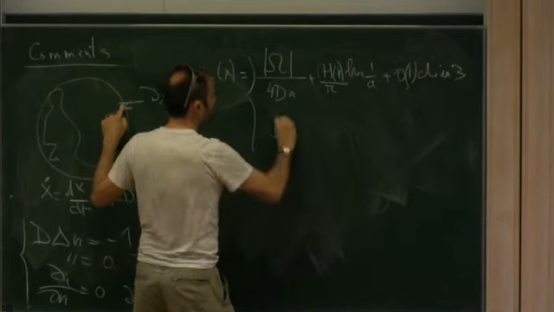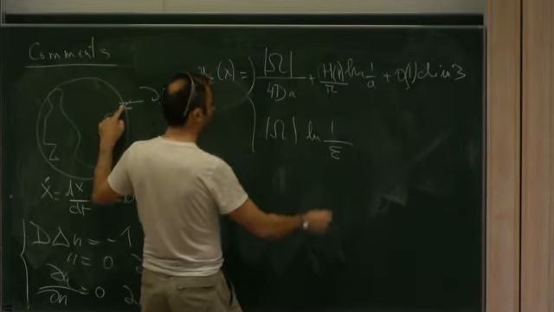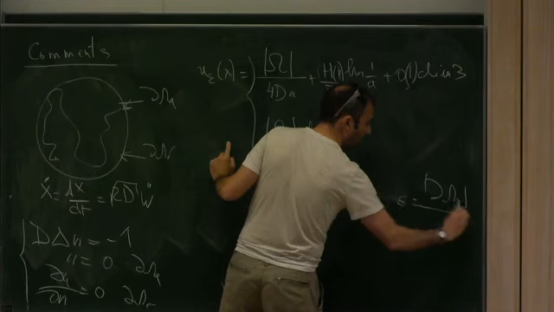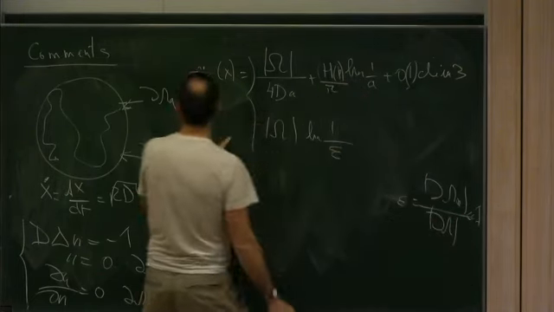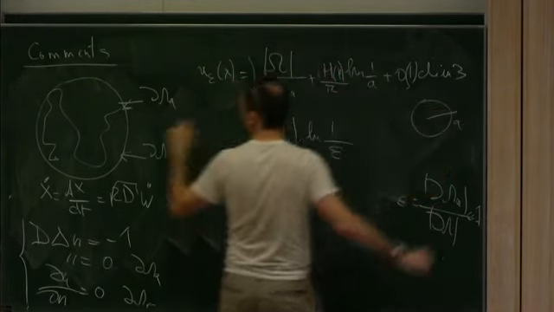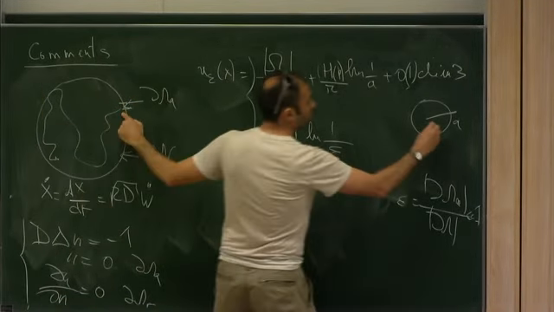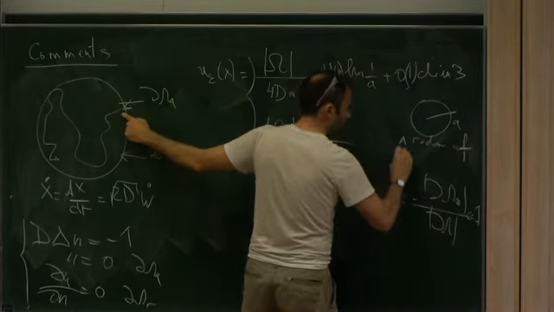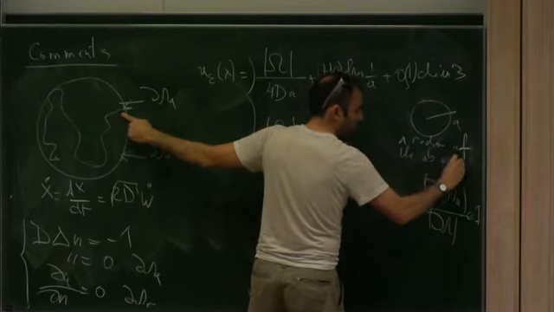And in dimension 2, this is Omega log of 1 over epsilon, where epsilon is the ratio of the absorbing boundary divided by the total boundary. And this is much smaller than 1. And a here is the radius of the absorbing patch. Suppose it is circular. So a here is the radius of the absorbing window, which is circular.